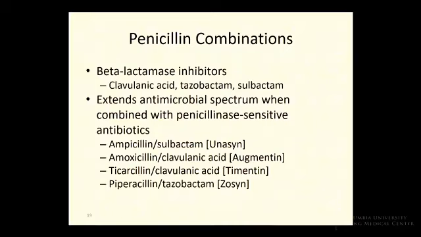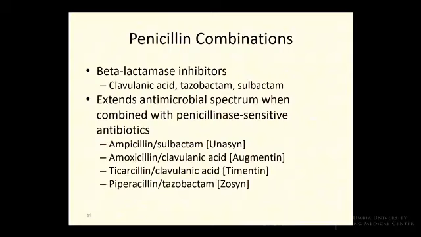So the miracle of science and chemistry, these drug makers realized that we could take one of these penicillins and enhance the efficacy by adding something to it that would prevent some of these resistant strategies. Okay? And so one of it is by adding what's called a beta-lactamase inhibitor.